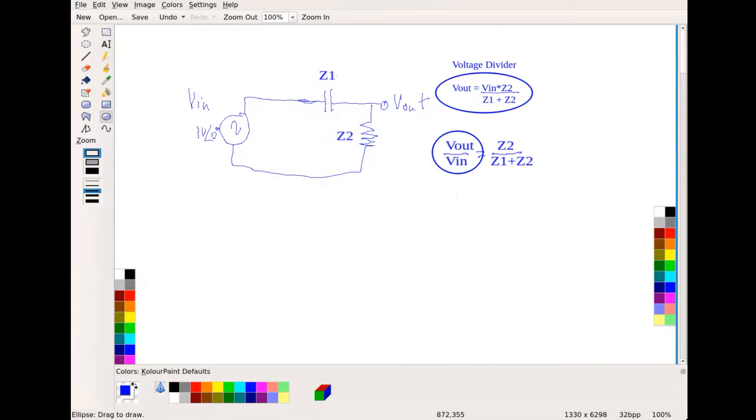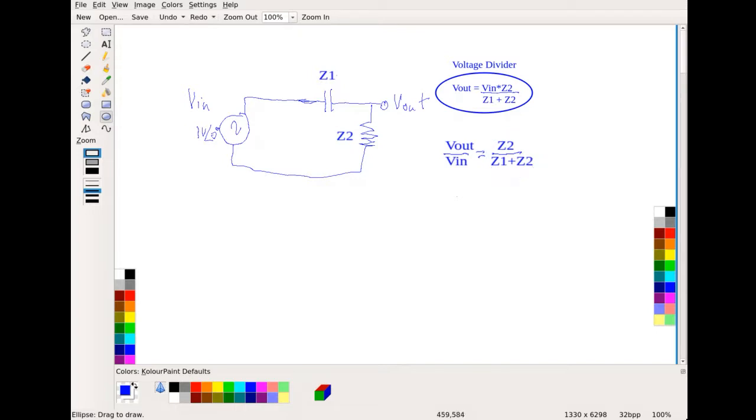So we're comparing what we've got coming in with what we're getting out. This ratio, Vout over Vin, gives us what that voltage out is going to be.